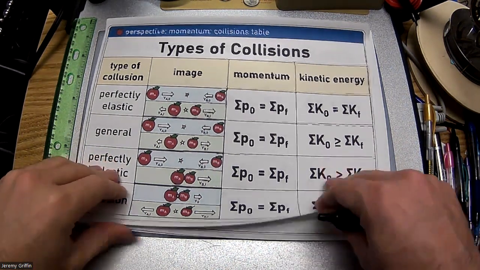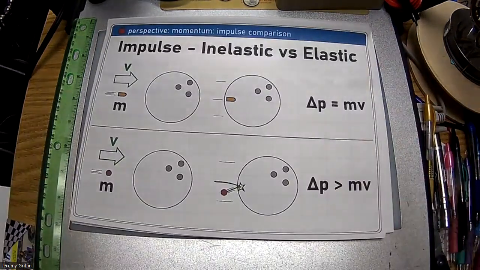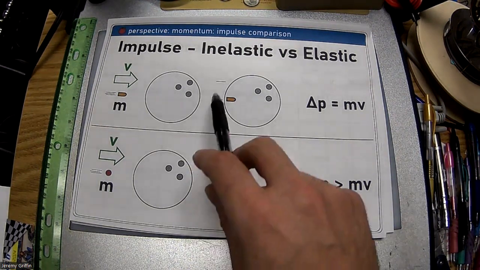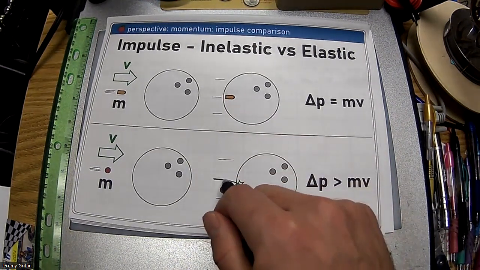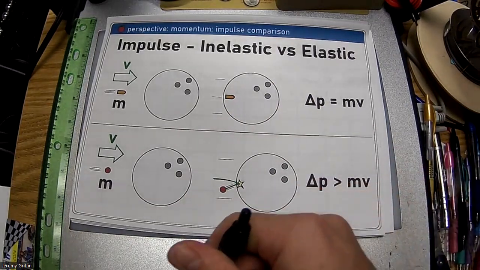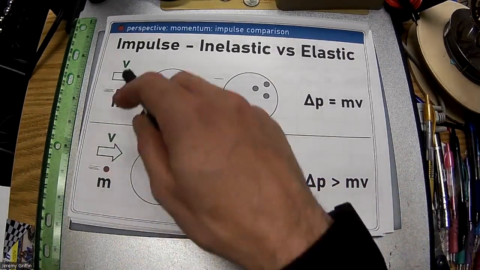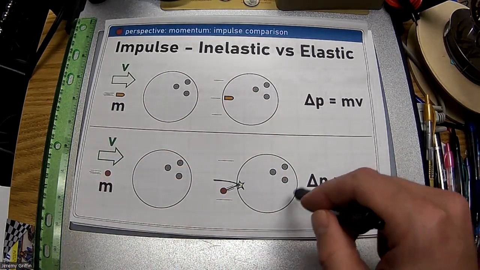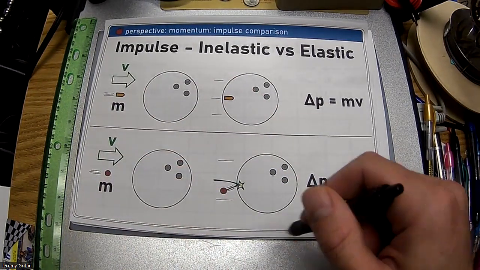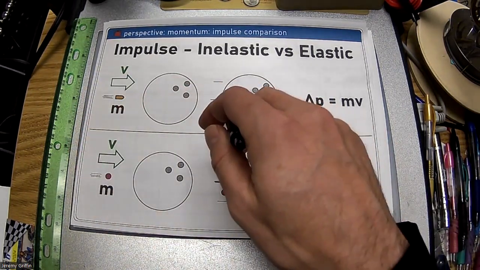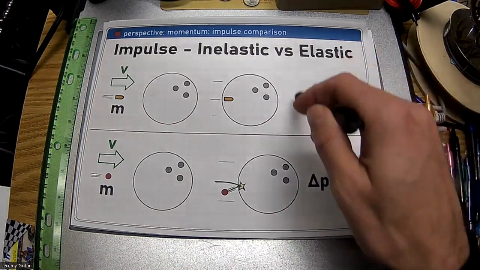Now, how could you quantify? Look, I forgot about this slide. Got to show you guys this one. So, inelastic versus elastic. Say you had collisions with this bowling ball. What's going to get the bowling ball rolling faster? Suppose it's the same mass moving at the same velocity. Do you guys remember the elastic collision gets the bowling ball rolling faster? Let's do some numbers real fast. Suppose it was 1 kilogram going at 1 meter per second. If it sticks, that's transferring 1 unit of momentum.